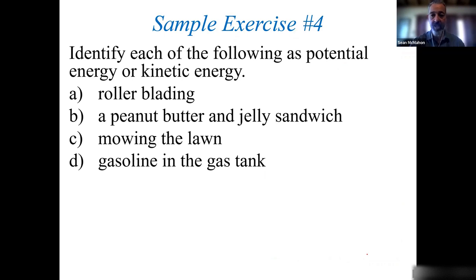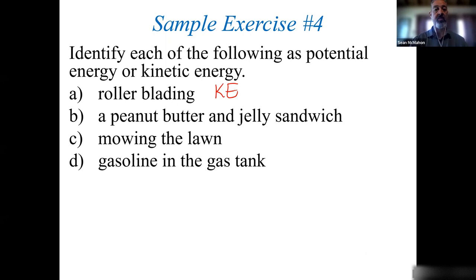So when we look at these examples, so this is sample exercise 4, if you have the handout, can we identify this as potential energy or kinetic. So someone rollerblading, is there stored energy or are they moving? They're moving. So this would be an example of kinetic energy.